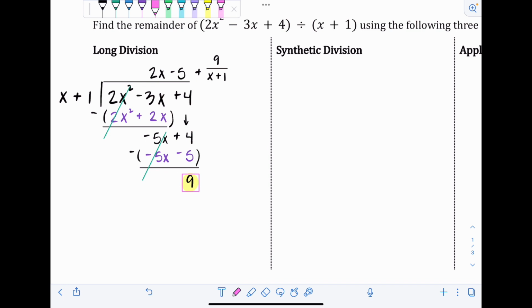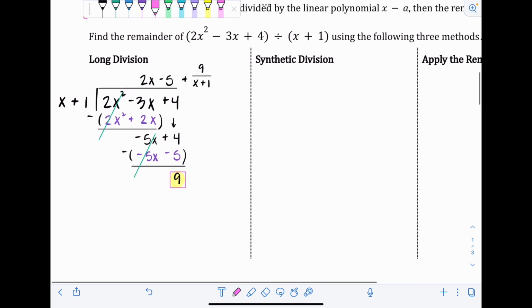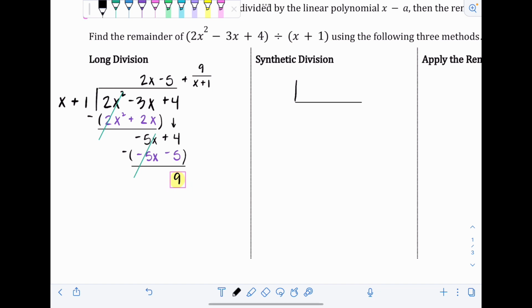Okay, so the next method is synthetic division, where we draw the upside down division box. We put the coefficients of what we're dividing inside: 2, negative 3, 4. Again, we don't skip any powers of x, so we don't need any placeholders. In lesson 19, I said we compare this to x minus k, and k goes here.